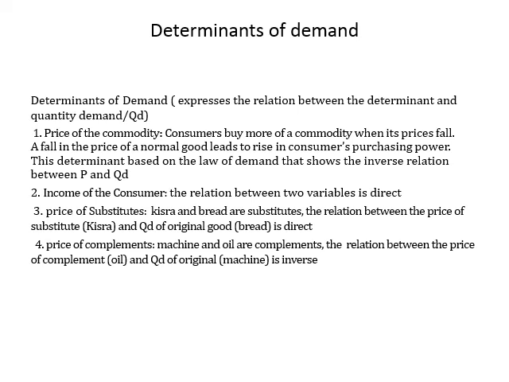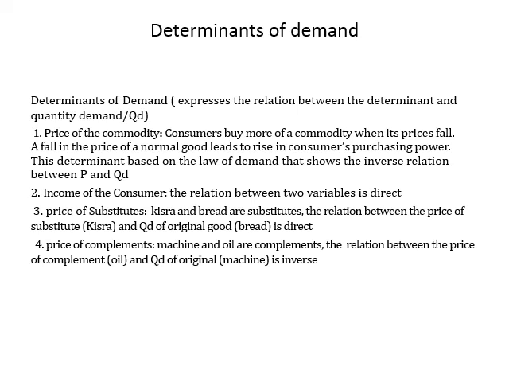Whenever the price of petrol rises, the quantity demanded of cars falls. It becomes so expensive to own a car. The higher the price of complement, the lower the quantity demanded of the original.